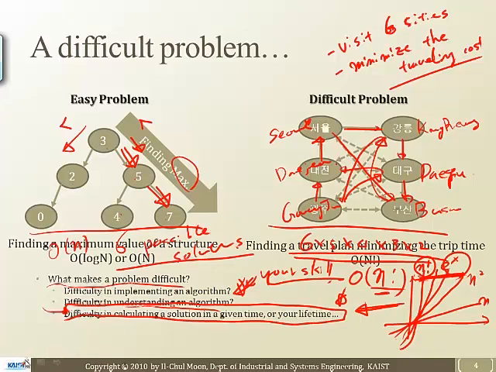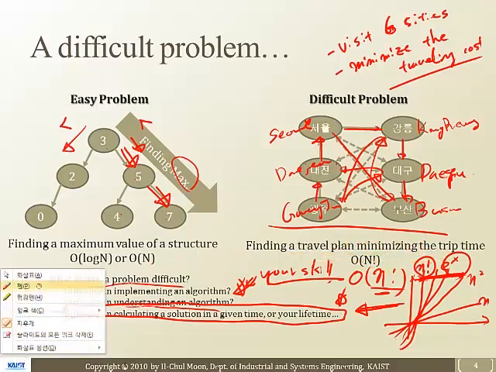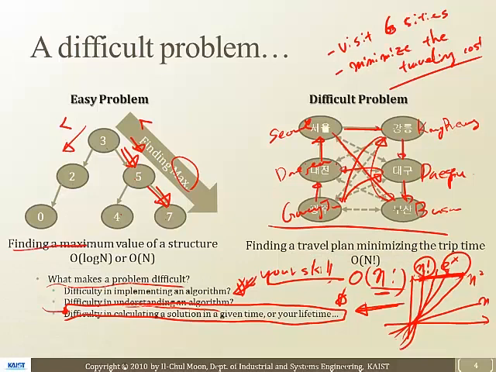So, okay, I'm just gonna erase it for a second. As we can see, finding a maximum value of this structure is going to be order of n, or order of log n if we just take the tree-based approach. So it means that we can take a smarter way to compare this, so we can solve the problem in a more efficient fashion.